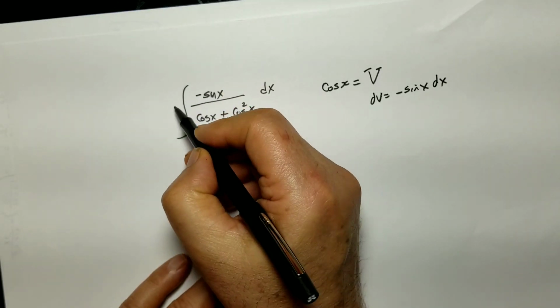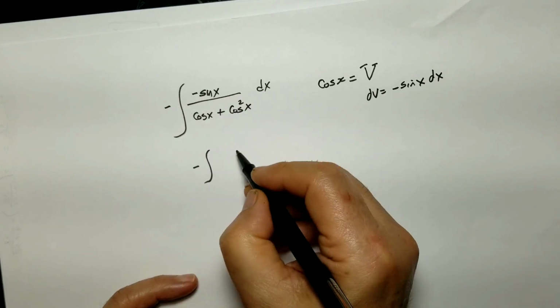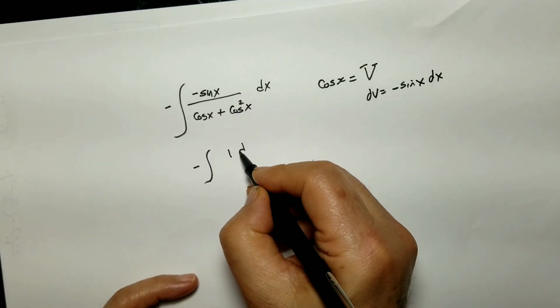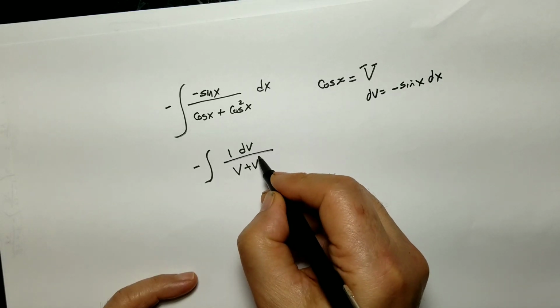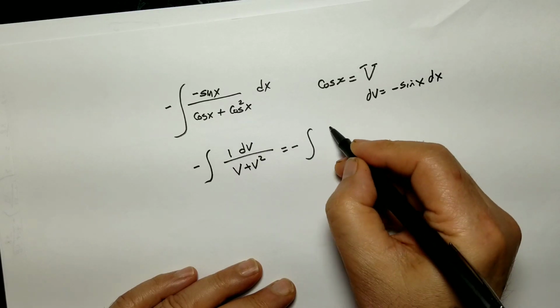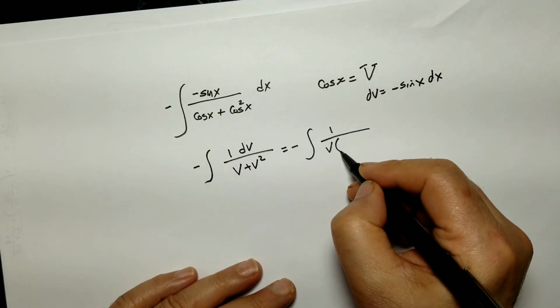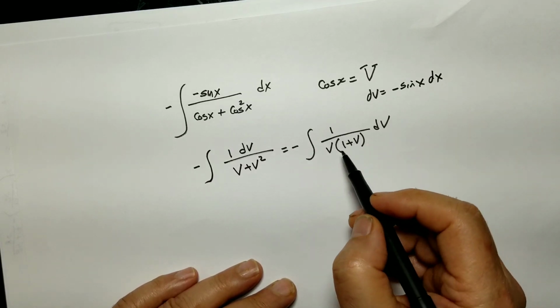I put a negative here and a negative here. Therefore, I'm going to transform mine to negative 1 dv over v plus v squared, and I write this one as negative 1 over v times 1 plus v, dv.